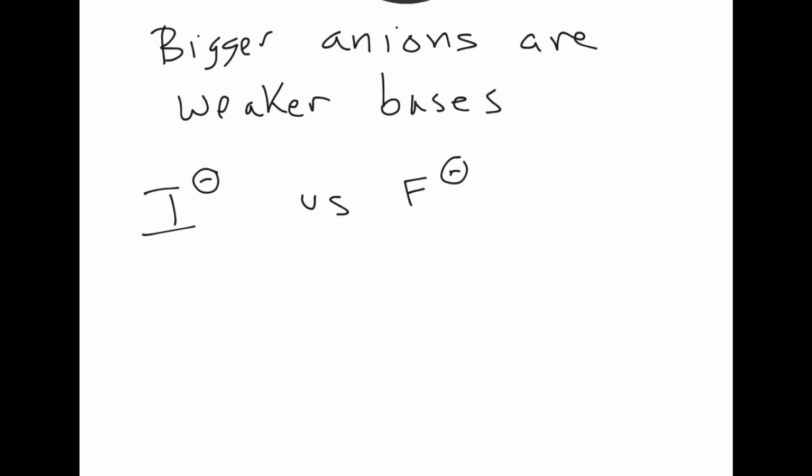Fluorine has 9 when it starts. If you give iodide an extra electron, it doesn't really notice. It goes from a bunch to a bunch plus 1. Fluorine goes from 9 to 10, so now fluorine's way more negative than it was before, and it really notices that 1 extra electron, so it wants to go do something with it. It wants to go be a base, grab a proton, do something.